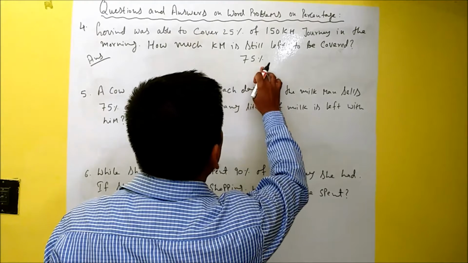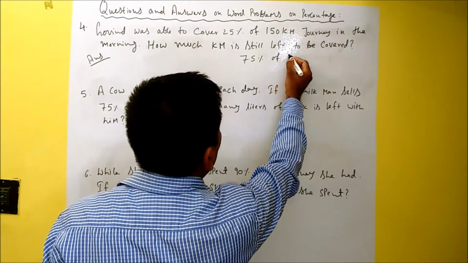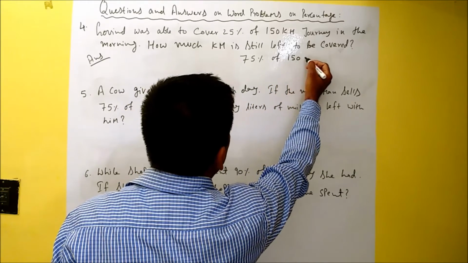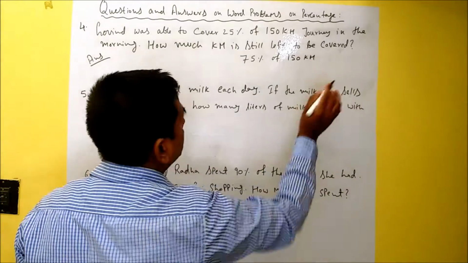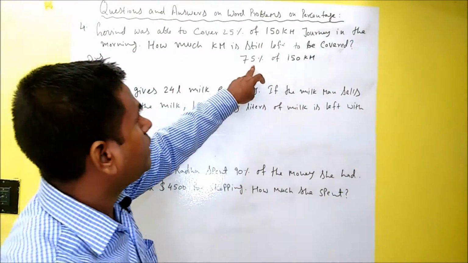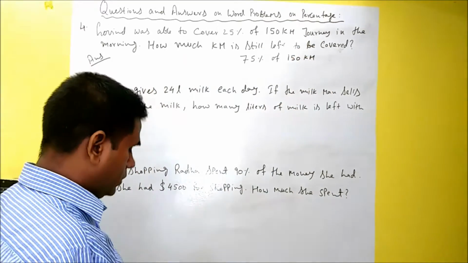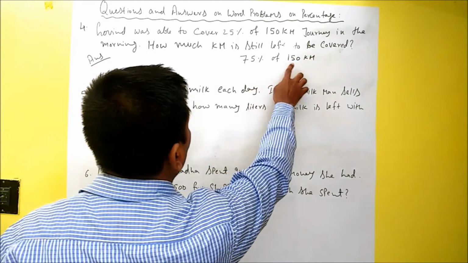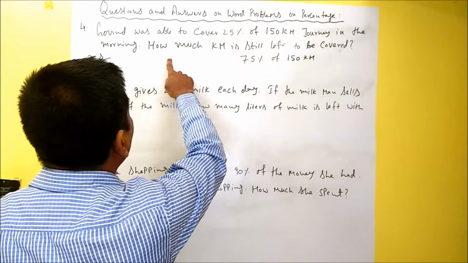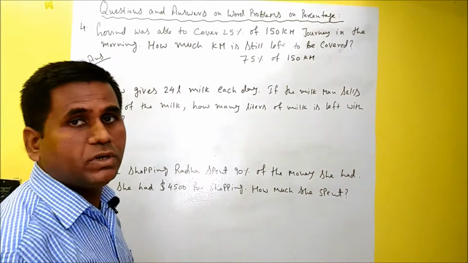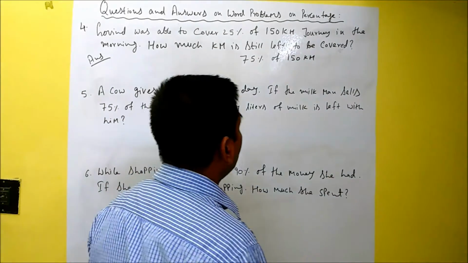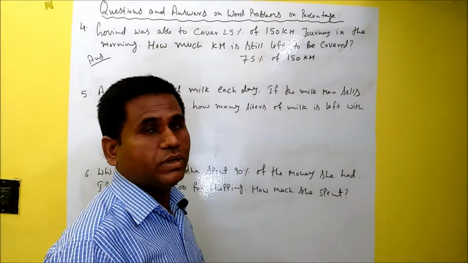Now 75% of 150 kilometer, if we calculate, we will get the answer, because 150 is the total journey, total distance. So 75% of 150, if you calculate, you will get how much kilometer is still left to be covered. Let me know what your answers are. Meanwhile, here I will also calculate it.